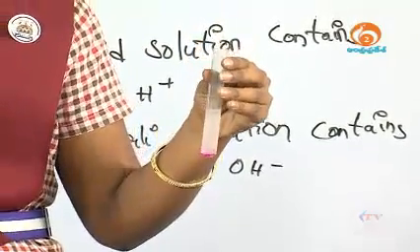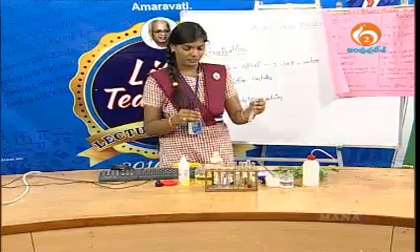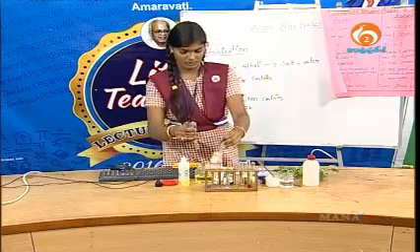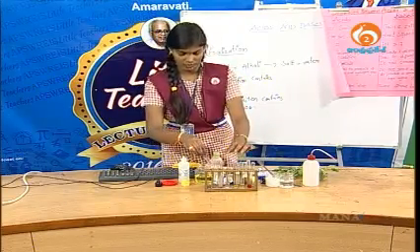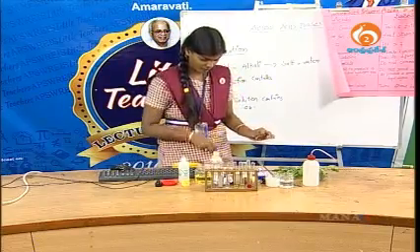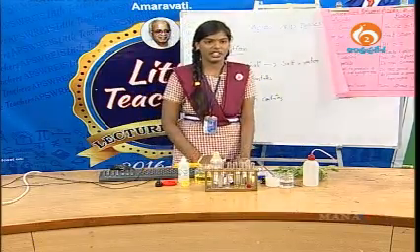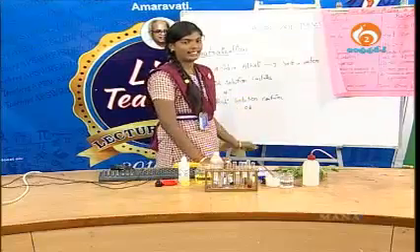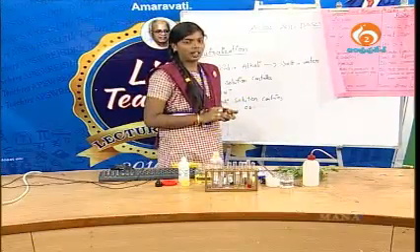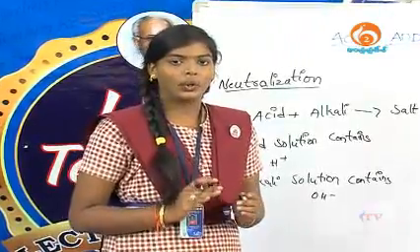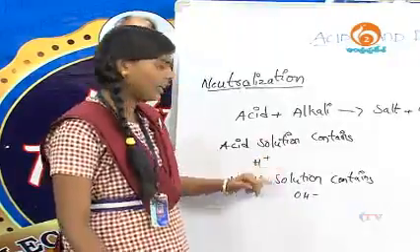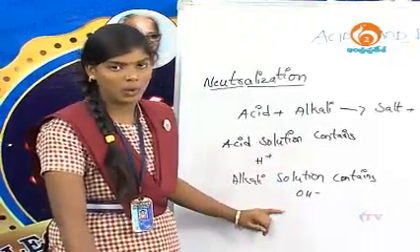When the alkali is added to the acid, it neutralizes it. The hydroxide ion combines with the hydrogen ion, they cancel each other out, and a water molecule is formed.